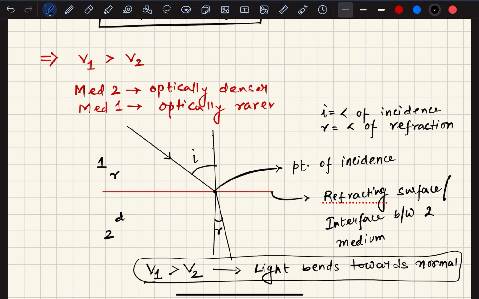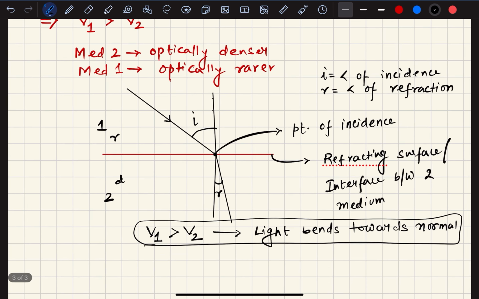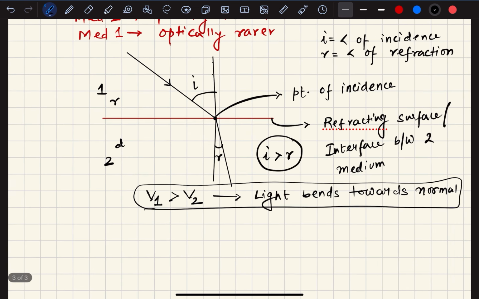Okay? Due to this decrease of speed, light bends towards the normal. Okay, and in this case definitely you can write down that angle of incidence is more than angle of refraction. Okay, this can be written. So this is when the light is from rarer medium to denser medium.